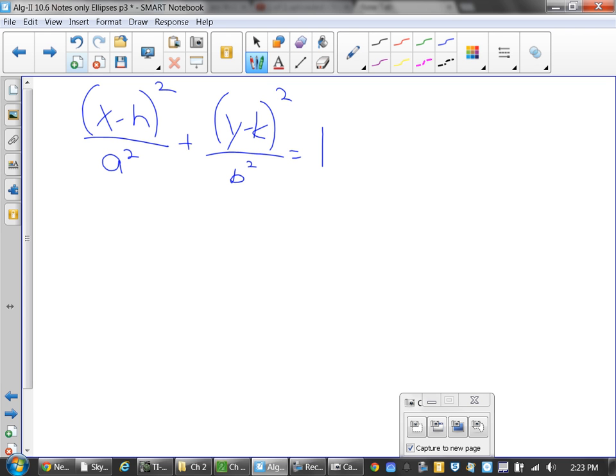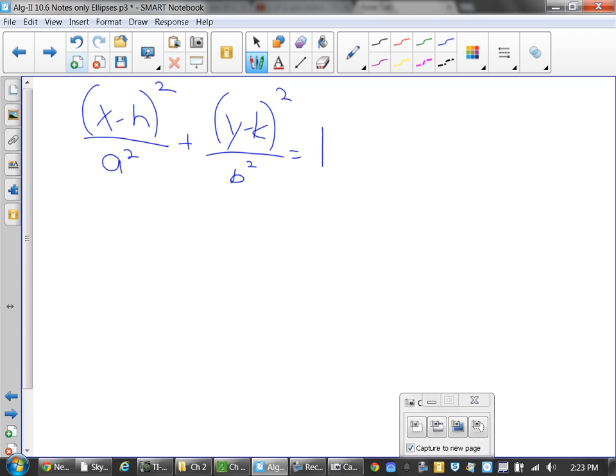Remember, where a squared is located tells you whether it's being stretched one direction or the other. If it's underneath the x squared, what direction is it going? Left or right?